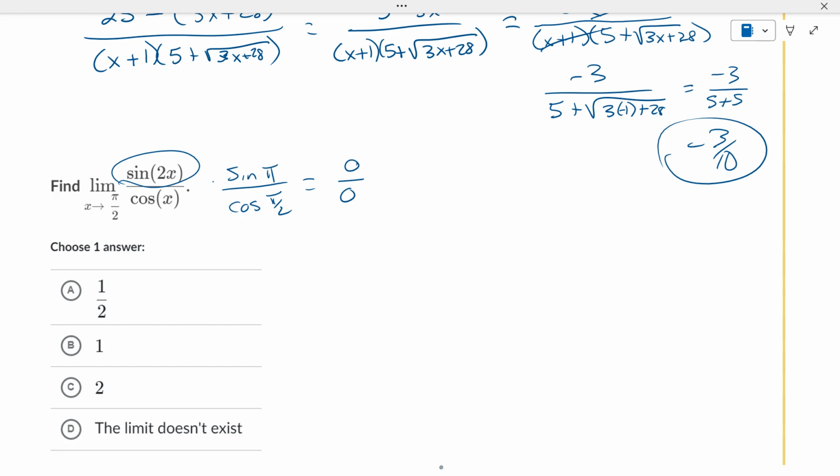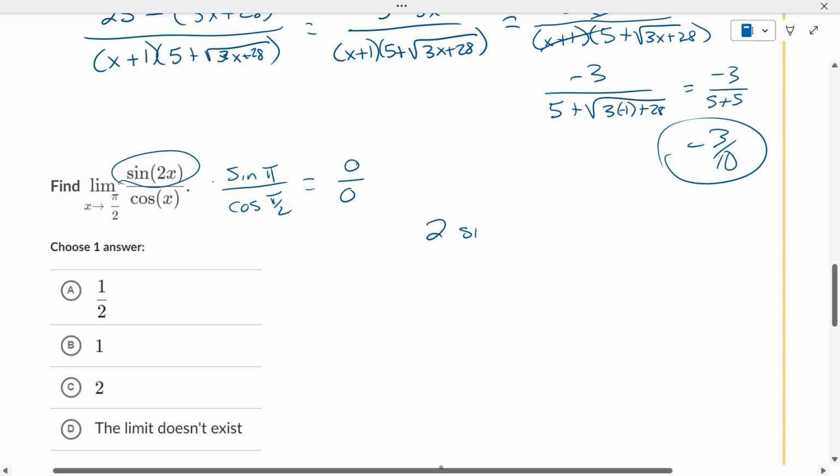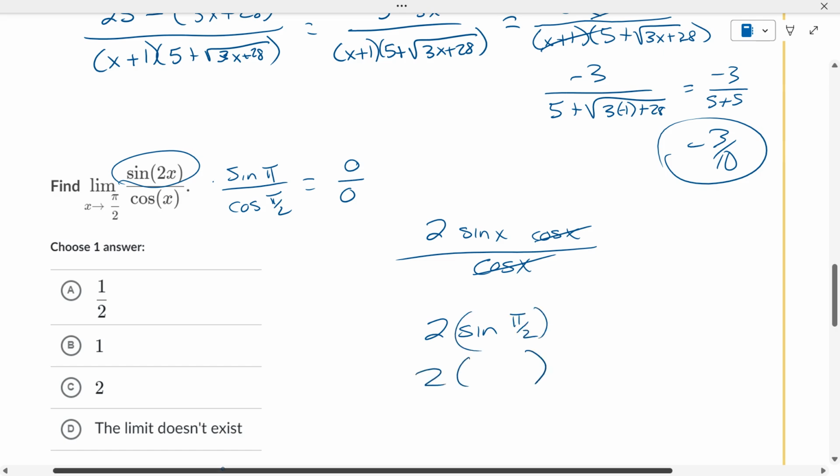Well, the sine of 2x is 2 times the sine of x times the cosine of x. So what'll cancel? Cosine of x. So you're now taking 2 times the sine of pi over 2. What's the sine of pi over 2? Well, unit circle, that's right there.